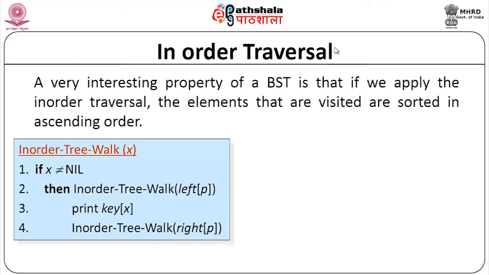We have already seen this previously in binary search tree traversals. The in-order traversal concept is not different, but what is inside, those keys, are in a particular order, that is all.